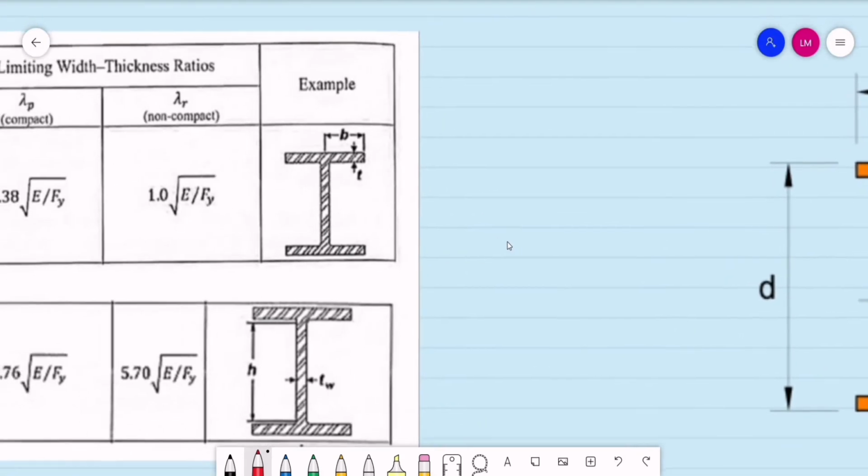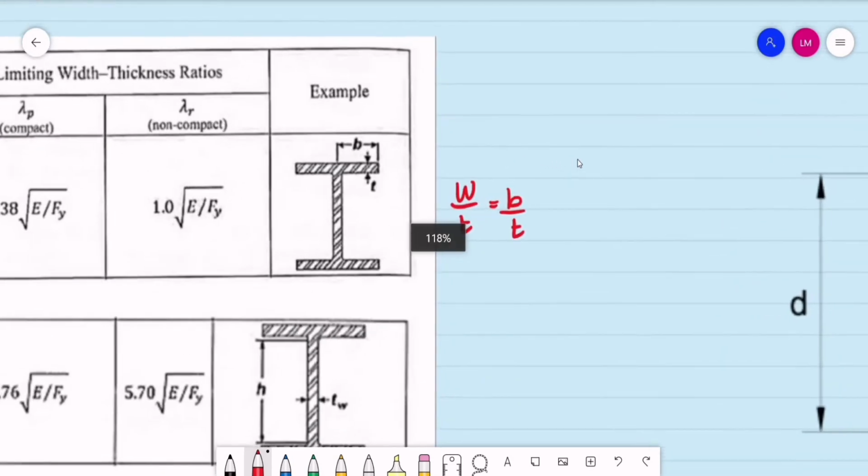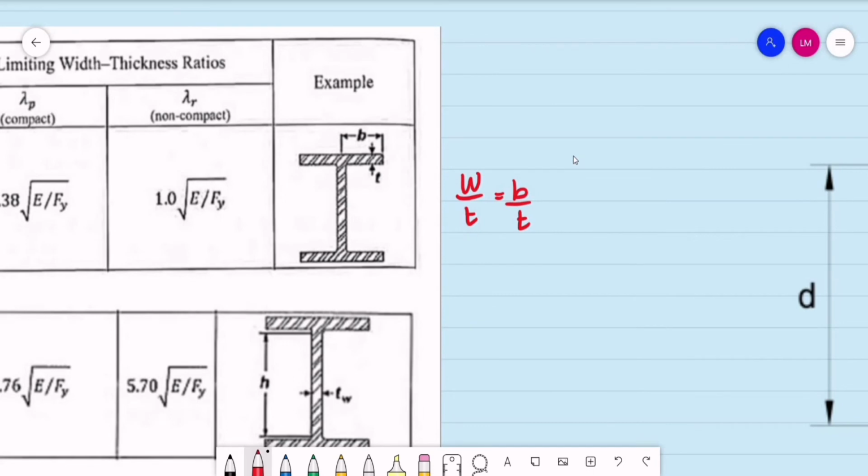Alright, so as you can see, the width to thickness ratio is the same as the b over t. If you are to observe, the value of b is simply half of the width of the flange. So this is the total width of the flange, let's say that is the b sub f.